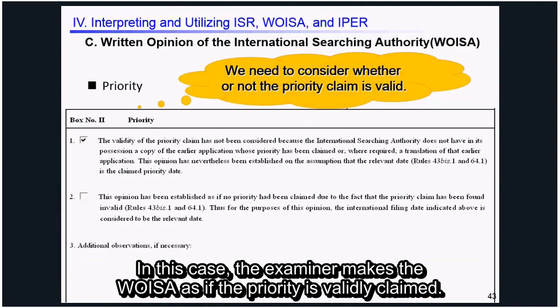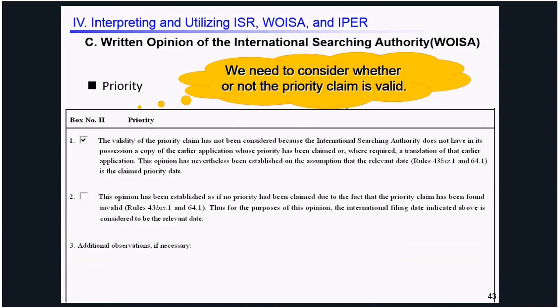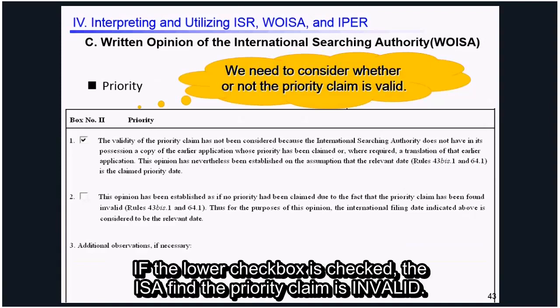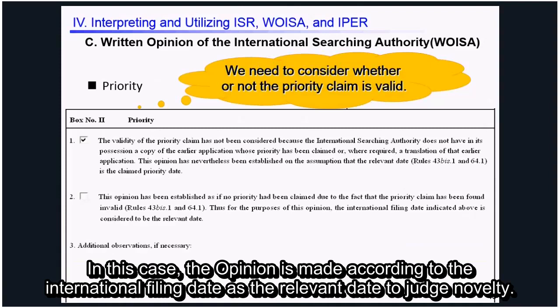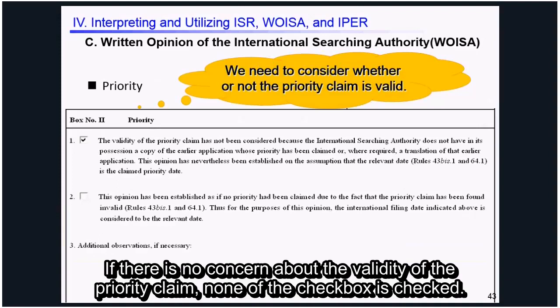In this case, the examiner makes the WOISA as if the priority is validly claimed. If the lower checkbox is checked, the ISA finds the priority claim is invalid. In this case, the opinion is made according to the international filing date as the relevant date to judge novelty. If there is no concern about the validity of the priority claim, none of the checkboxes is checked.